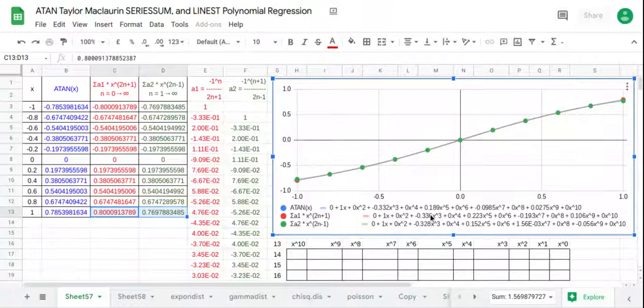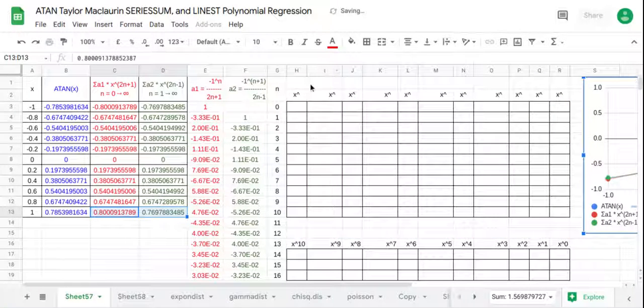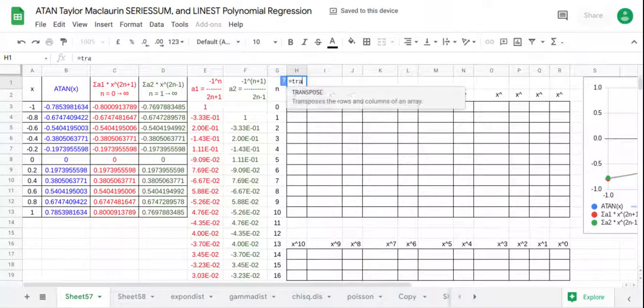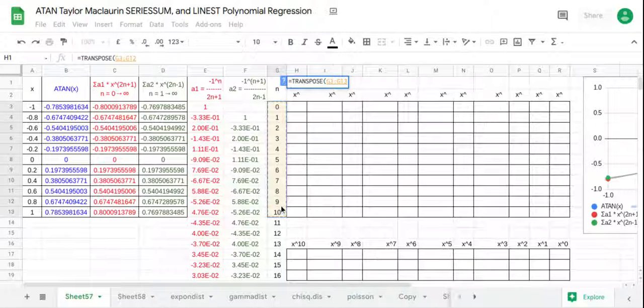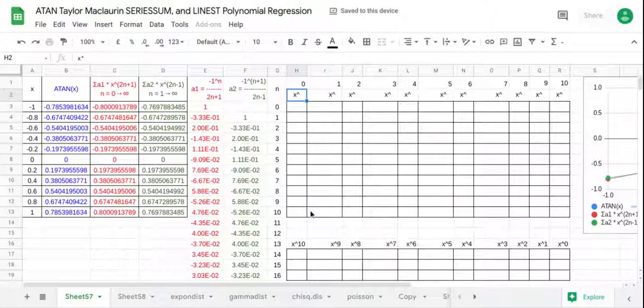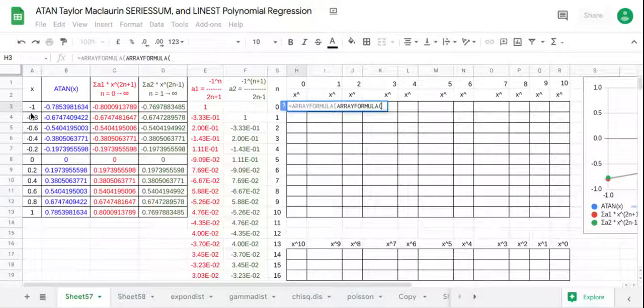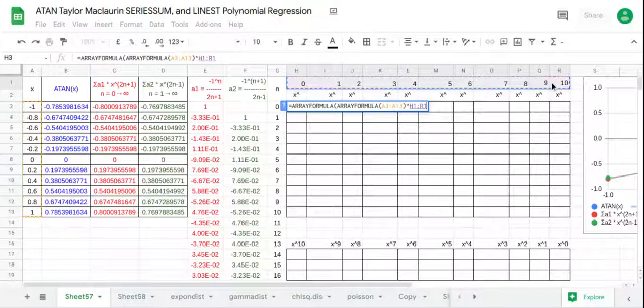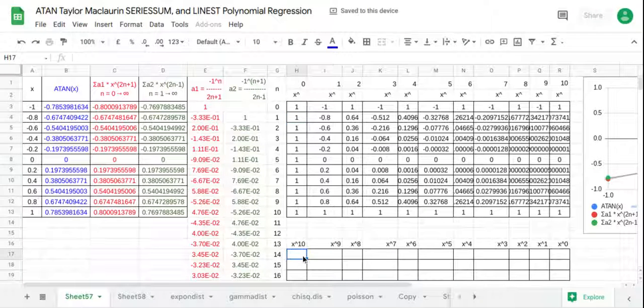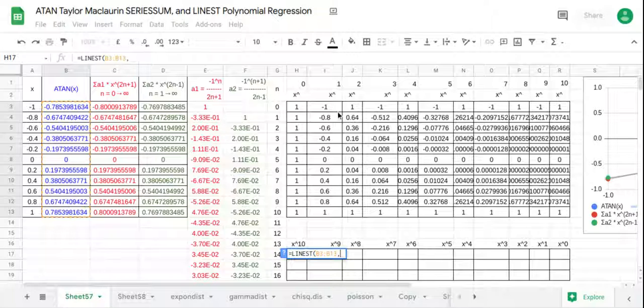So we calculate the polynomial regression coefficient using LINEST. To do that, we complete the LINEST matrix, starting with the power, transpose 0 to 10, and the elements of the matrix. This is equal to array formula of the x values raised to the power 0 to 10. So we calculate the polynomial regression coefficient LINEST dot y comma dot x.